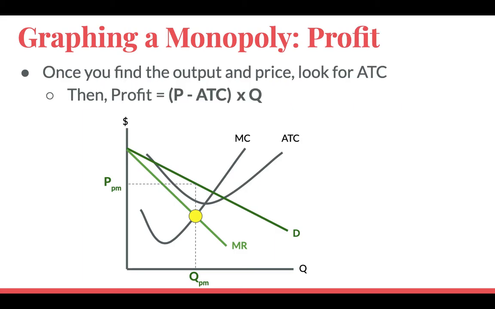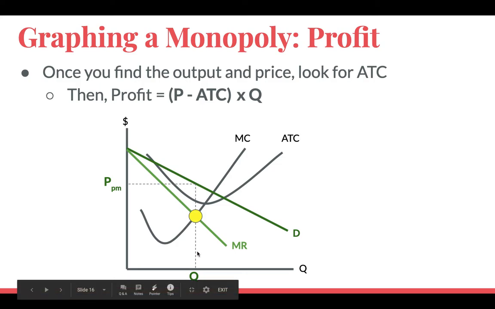Well, just like in perfect competition, we're simply going to go down from the demand curve to the average total cost curve. And I'm only using this particular dotted line because this is the output that we're producing. We already stated that. We already decided this is how much we're producing.